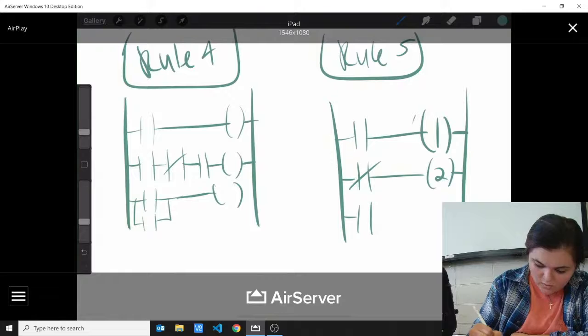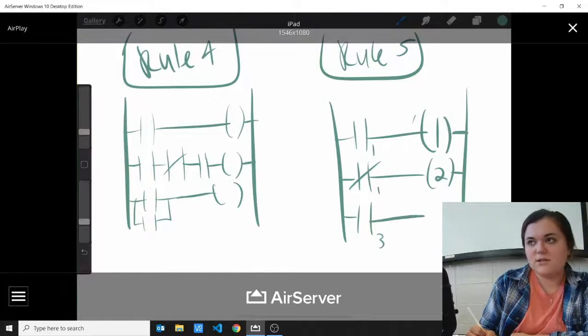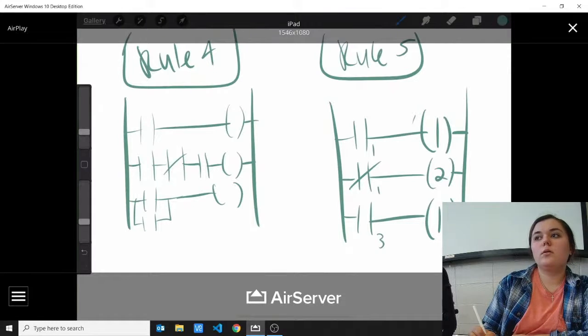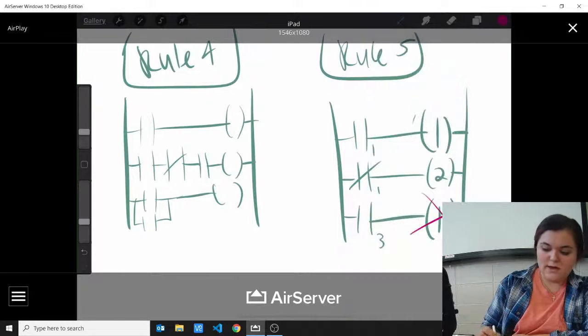So you've got input 1 and input 3. Just wrap your head around that. And then you've got output 1, output 2, and this is just naming them whatever you want. But you could not name this output 1 as well. That's not possible. But you see how you can name your inputs 1 all the way down if you wanted to.